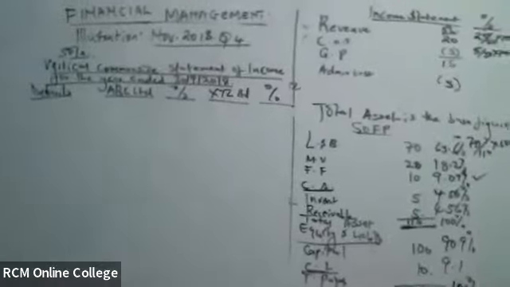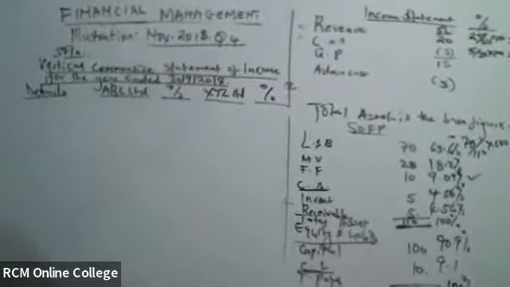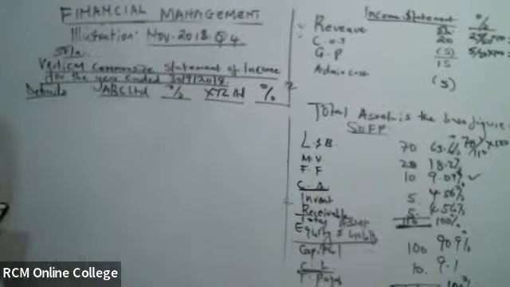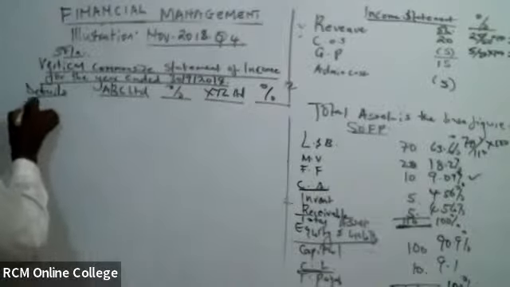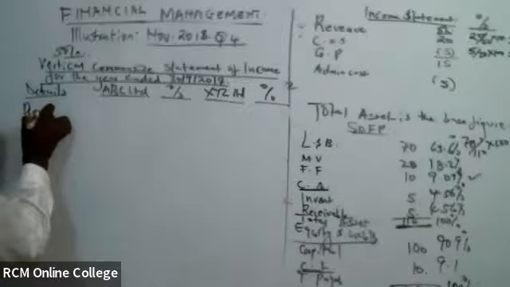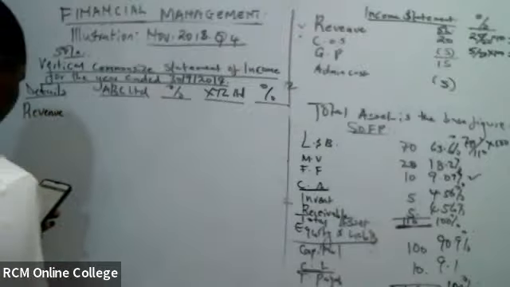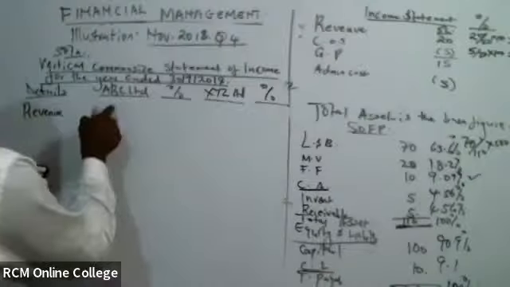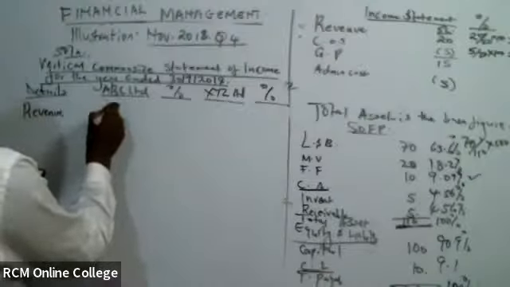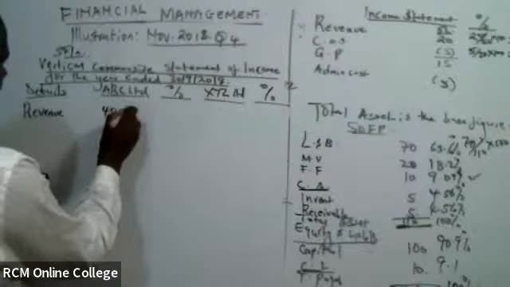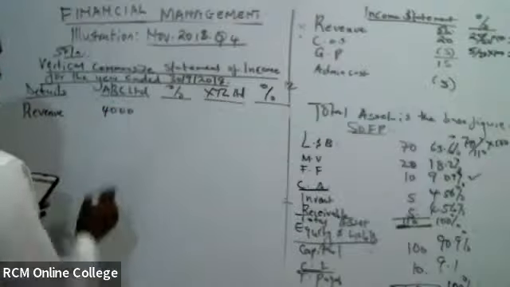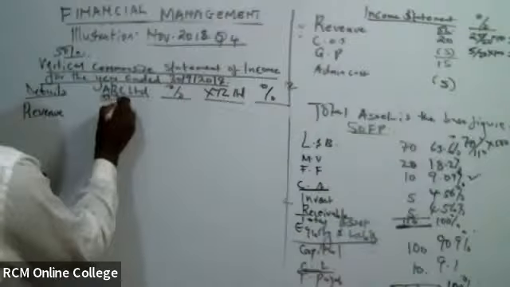So with that, you can have the first item, which is revenue, cutting across. The revenue for ABC Limited is 4,000. Of course, our shillings are in million.